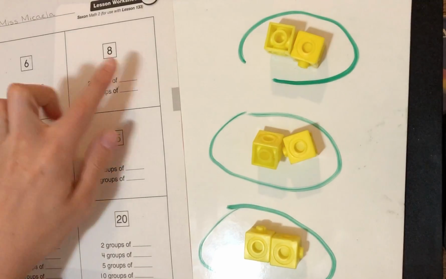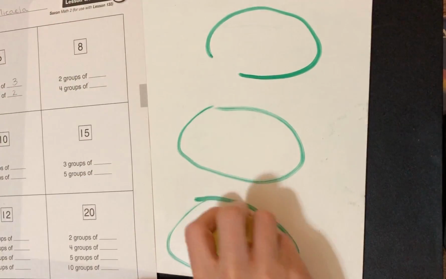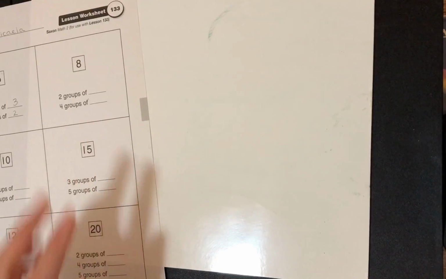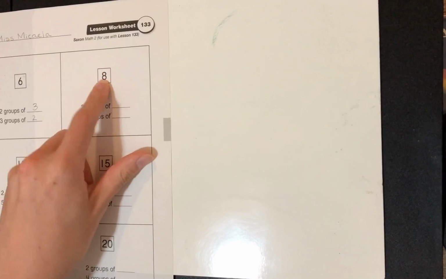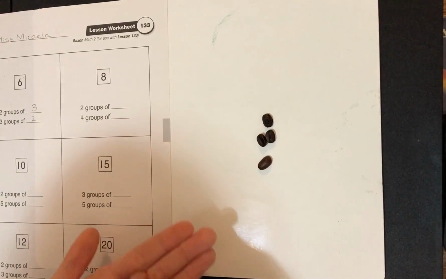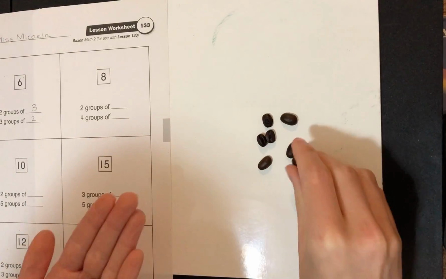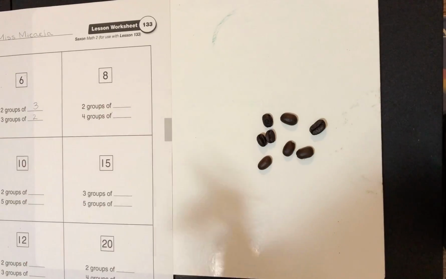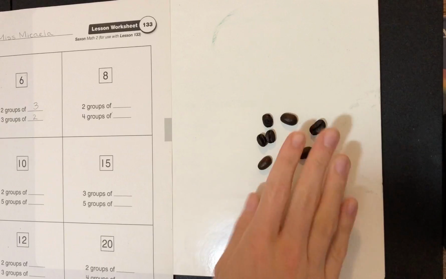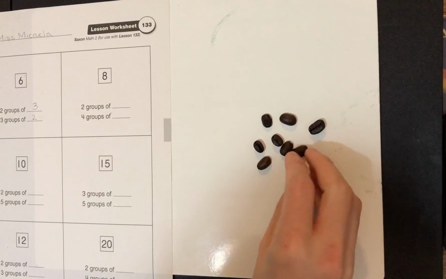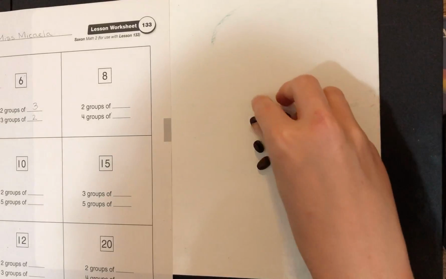So now we're going to go on to our second one. I'm going to use a different item, a smaller one. So the set is 8. So I have 1, 2, 3, 4, 5, 6, 7, 8 little beans there. And it first says 2 groups of blank. So 2 groups, so I'm going to split this evenly between 2 people.